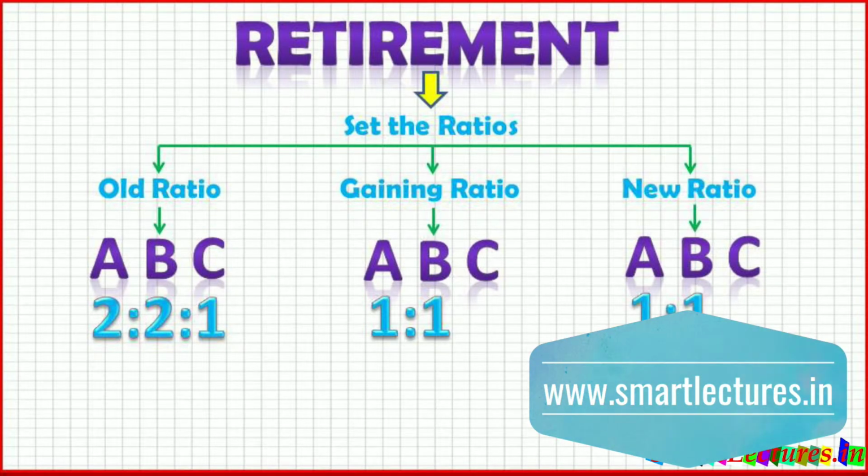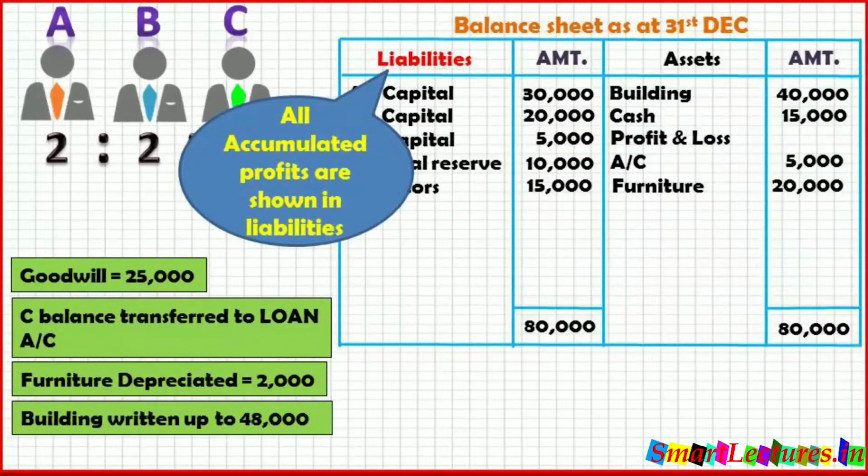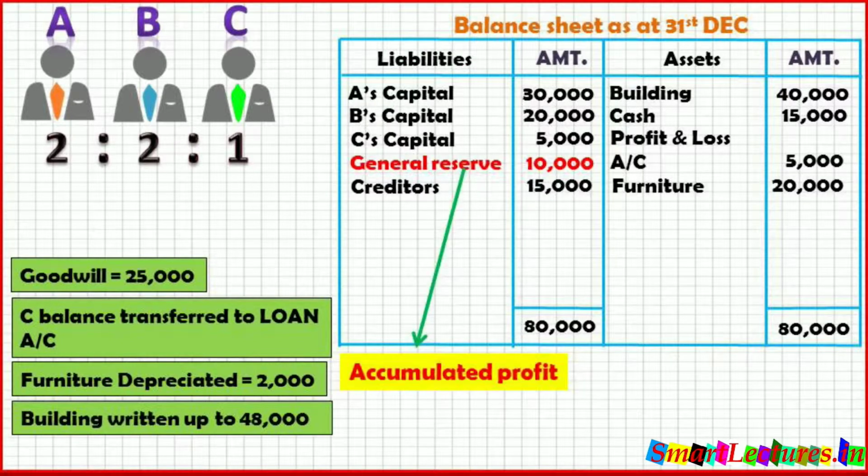After that, this is the turn of accumulated profits and accumulated losses. Accumulated profits are always found on the liability side of the balance sheet. And we can see there is one general reserve of rupees 10,000. Means there is accumulated profit.